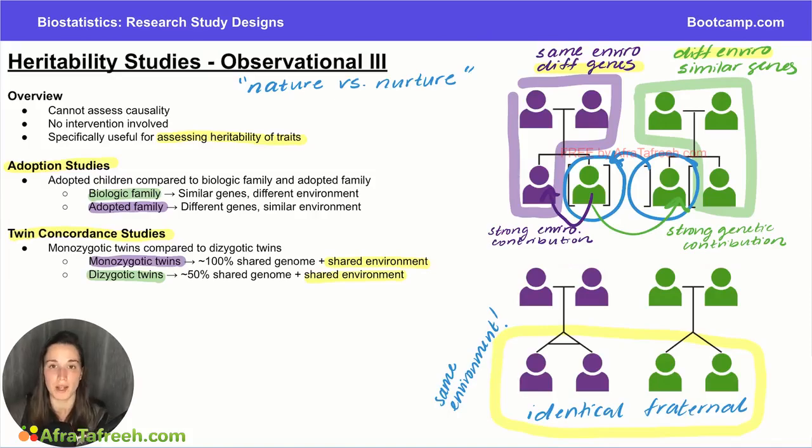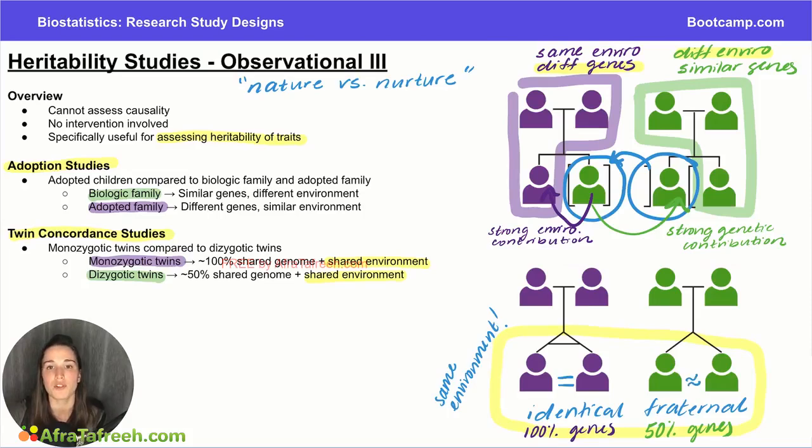But the difference between identical and fraternal twins is identical twins share 100% of their genes, while fraternal twins share only 50% of their genes. So if identical twins are more likely to share a trait than fraternal twins, the trait likely has a genetic component.